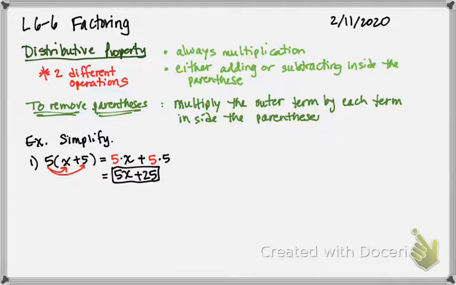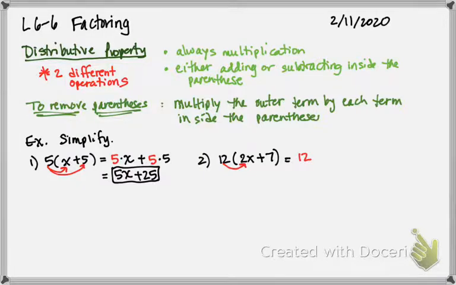Second problem, and that would be, let's see, 12 times the quantity 2x plus 7 equals, and then we're going to distribute, and we're going to multiply 12 by each of the terms in the parentheses.